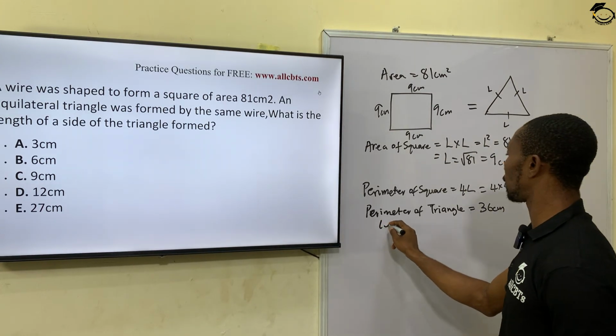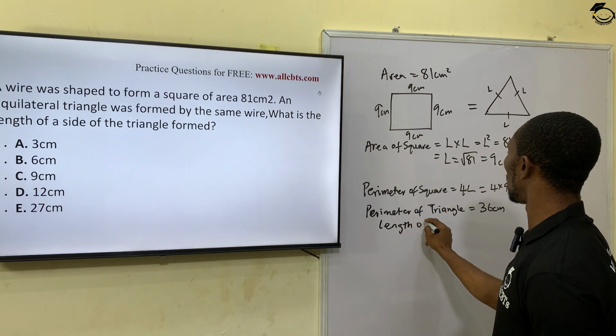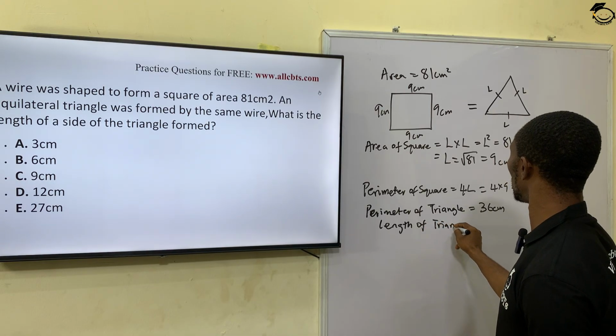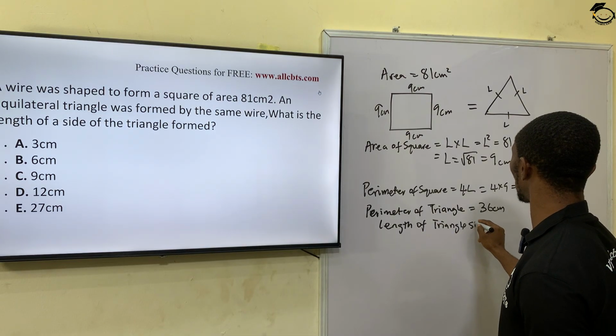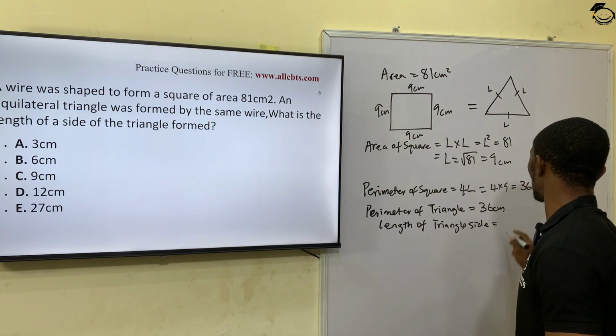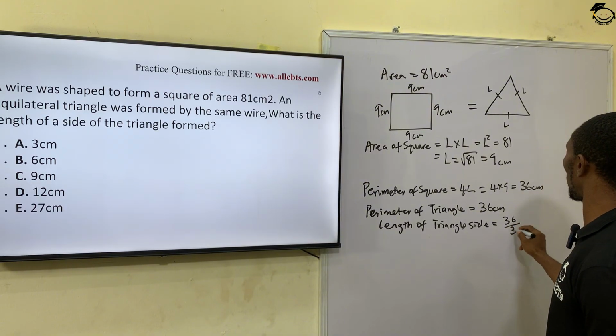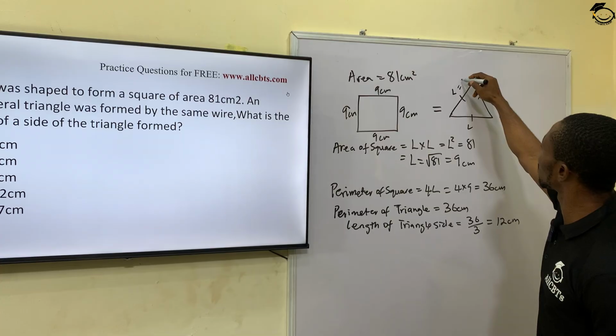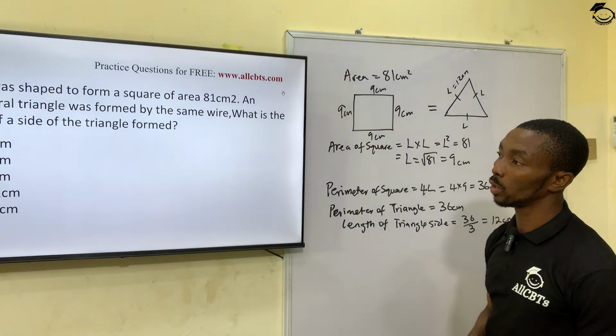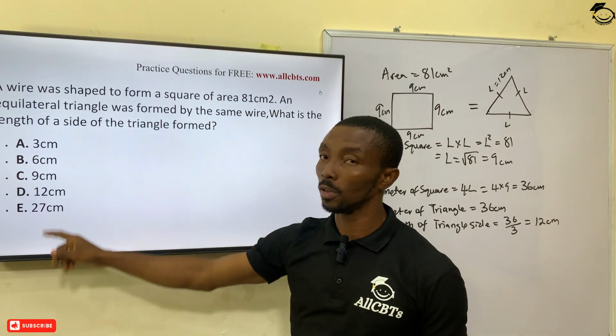So the length of one side of the triangle equals 36 divided by 3, which gives us 12 centimeters. So one length is 12 cm, which is our option D.